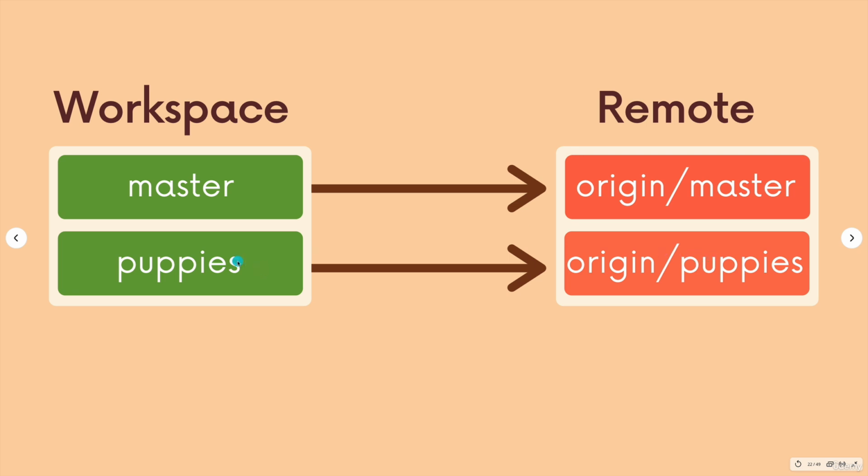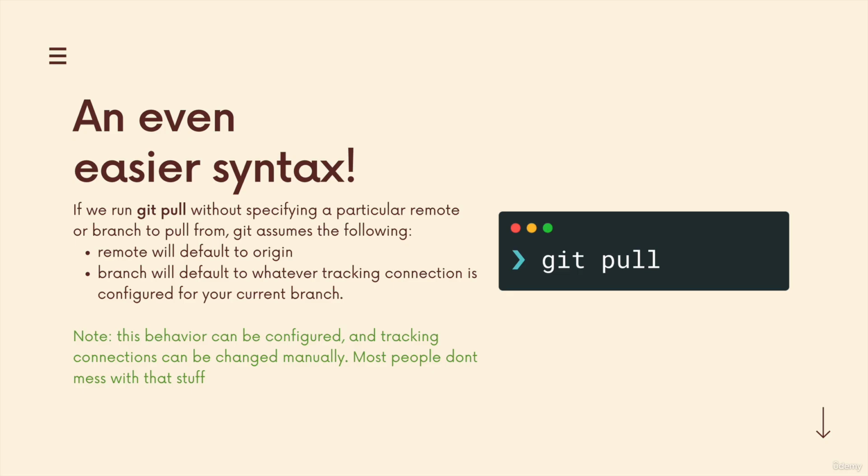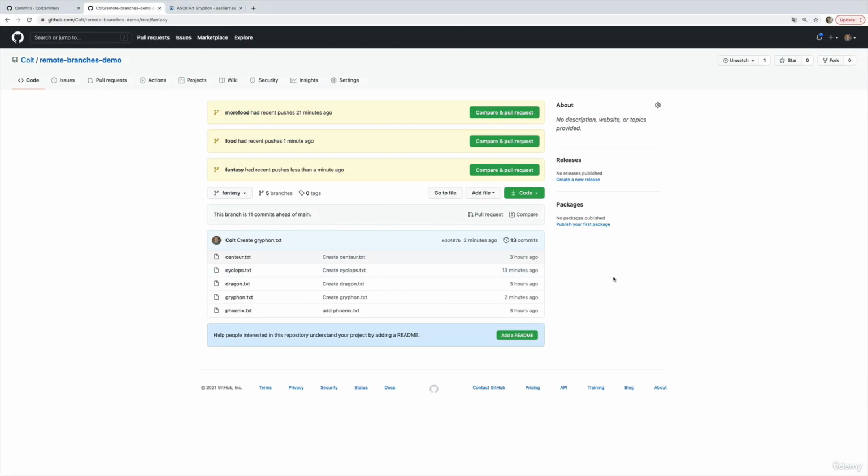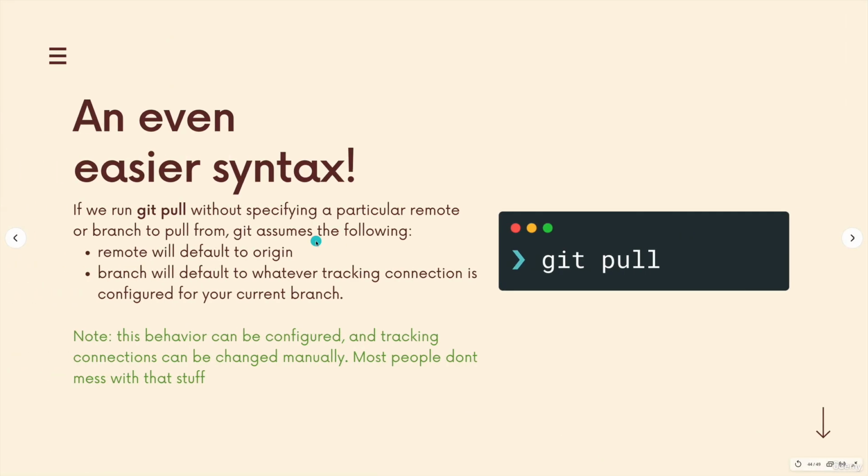So typically these are just the same name. Puppies, origin puppies. Food, origin food. Main, origin main. You absolutely can configure them differently. I could have my local food branch, for whatever reason, track the movies branch on origin. You just normally wouldn't want that.